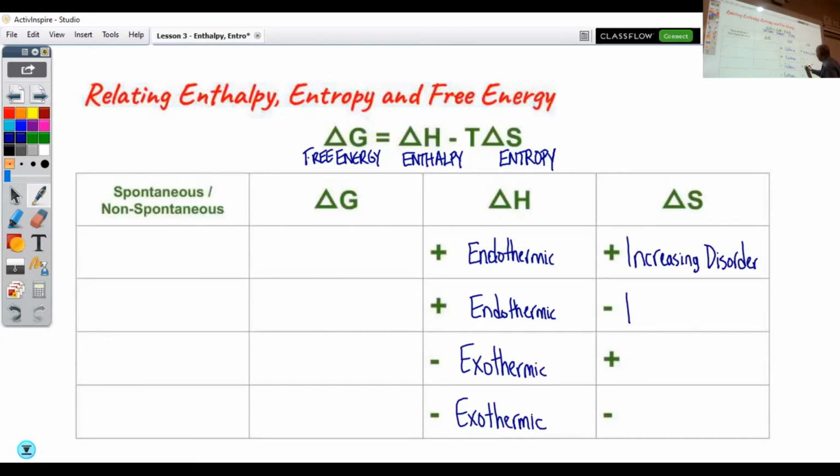Same thing here, we have increasing disorder. For the negative values, we have decreasing disorder, meaning it's becoming more organized or less disordered.